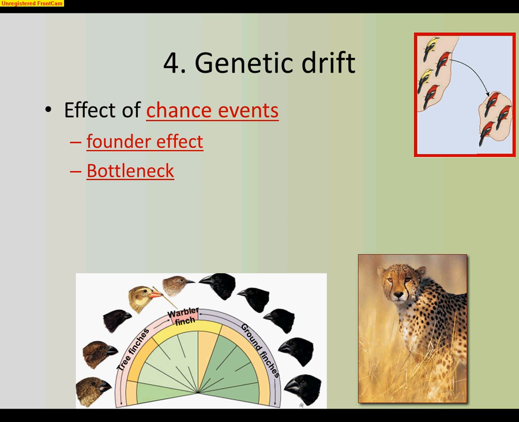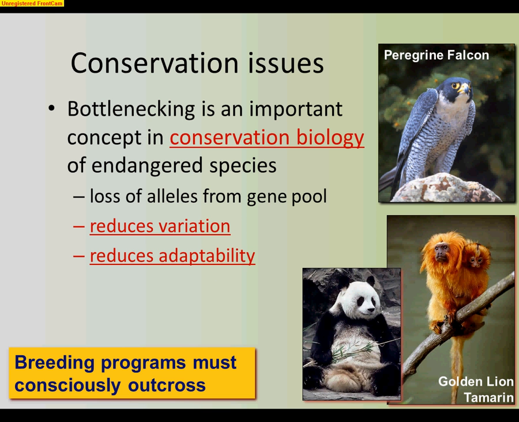Fourth idea of an agent of evolutionary change is something called genetic drift. And we have two things to talk about here, something called the founder effect and a bottleneck effect. And we are going to model those in a lab that we do in class, so you'll get more detail with those. But one issue to bring up about this is the reason why we are concerned about losing some alleles from gene pools, and that deals with some of our endangered species.